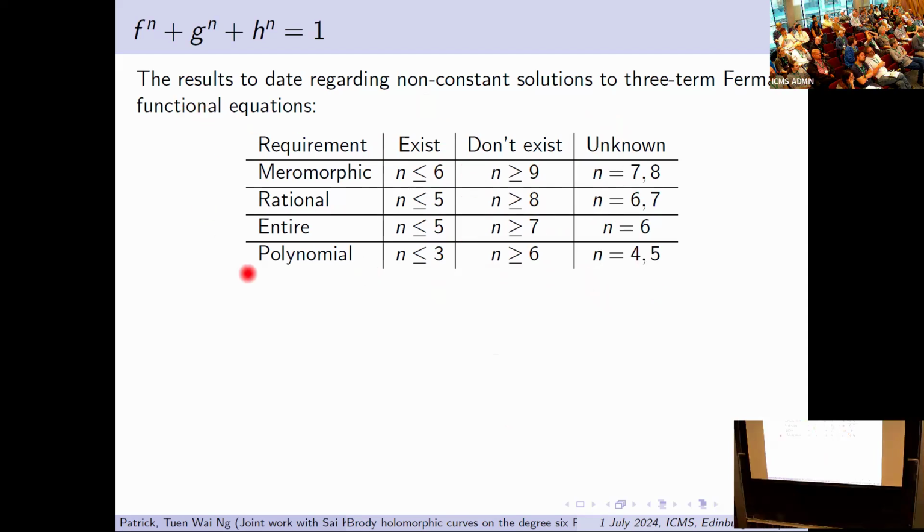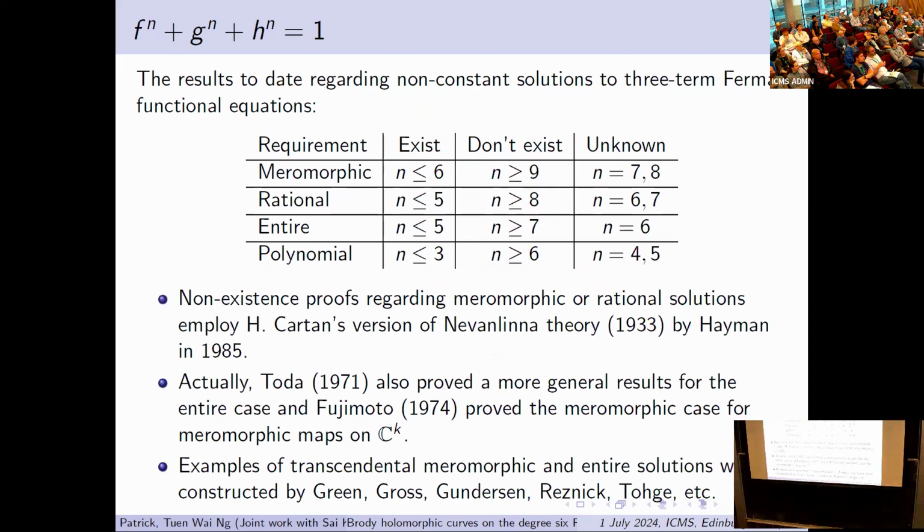So for each class, I think Walter Hayman in 1985 applied advanced Nevanlinna theory to study these kinds of problems. Okay, so he also studied related Waring problems as well.